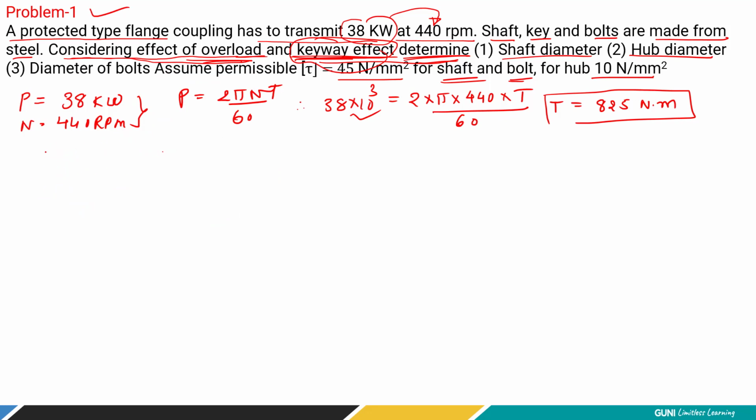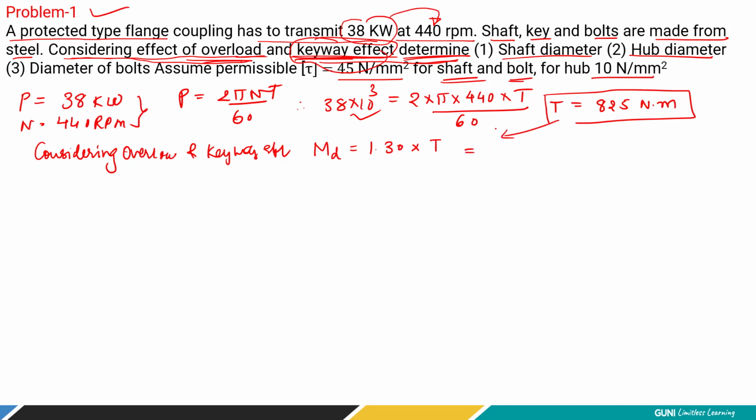So here, considering the overloading situation, considering overload and keyway effect, ठीक है? We are going to call it the design torque, and it will be taken as 30% higher. Let me take 30% instead of 20, right? Maximum 30%. So the design value of torque is 825 plus 30%, right?